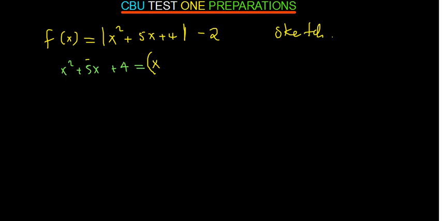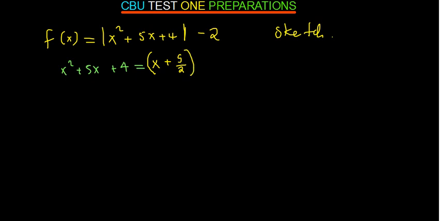And then I'll look at the number that contains an x, that is 5x. So the number in front of x is 5. I find its half. So what's the half of 5? Who can tell us? 5 over 2. Okay, write it as a fraction, not as a decimal. 5 over 2.